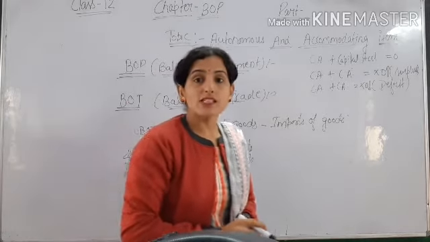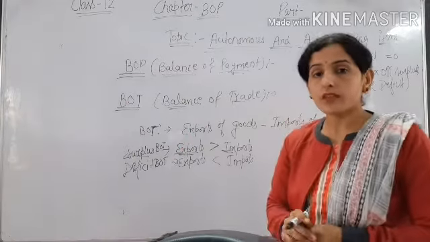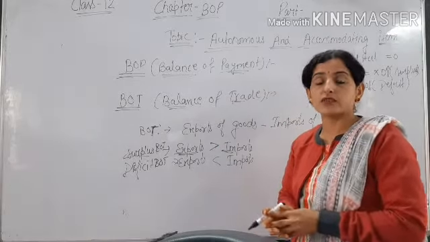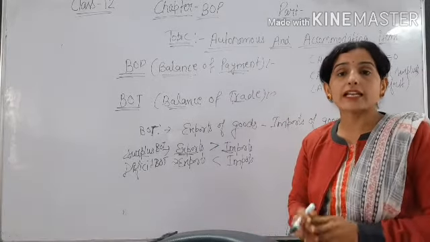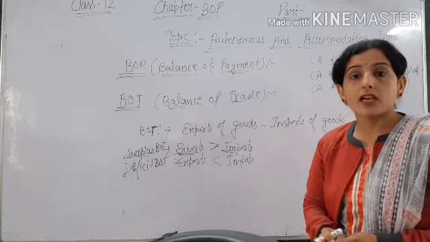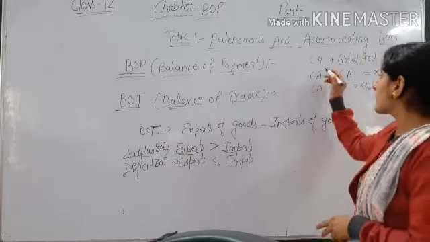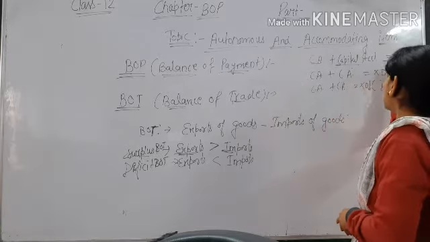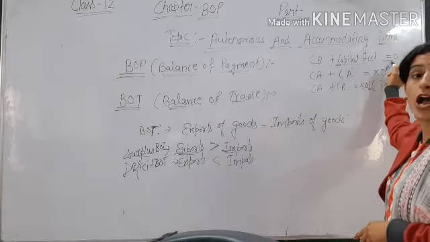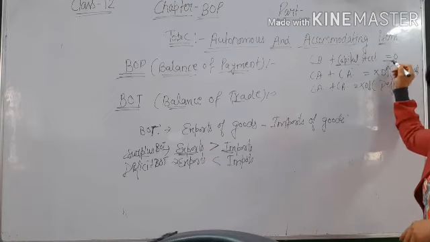Balance of payment means transactions of a country with the rest of the world. It mainly includes the current account, capital account and official reserve account. If current account plus capital account is equal to 0, we have an equilibrium balance of payment.